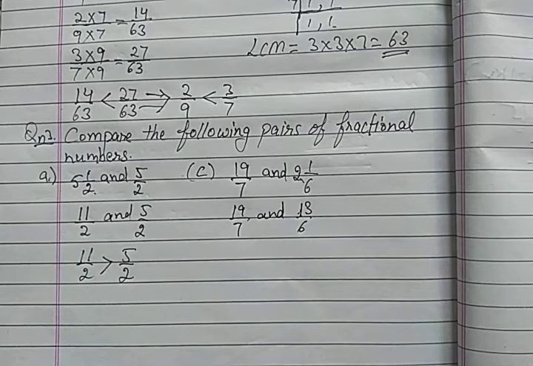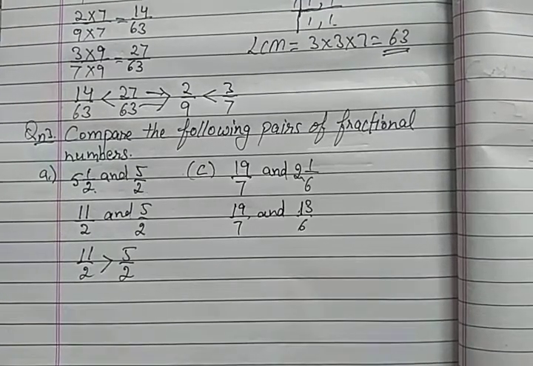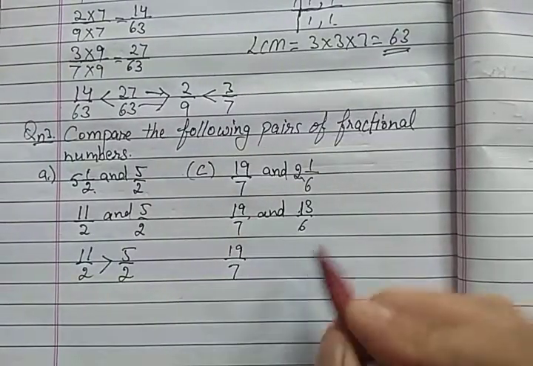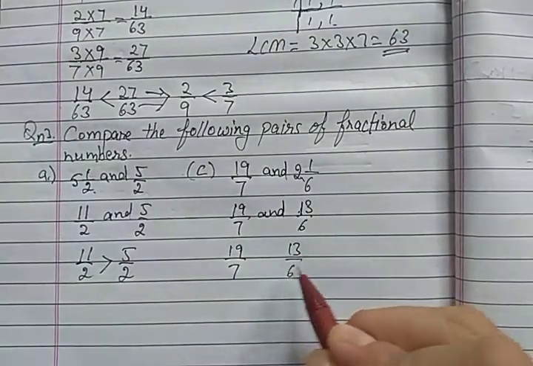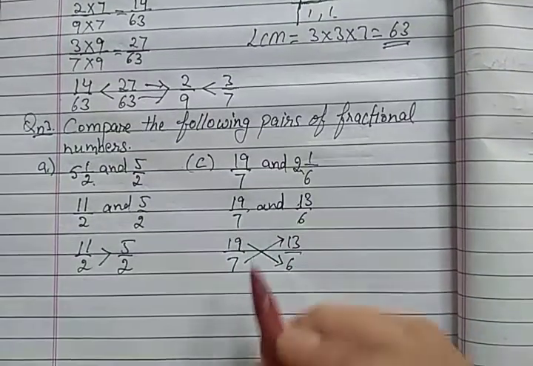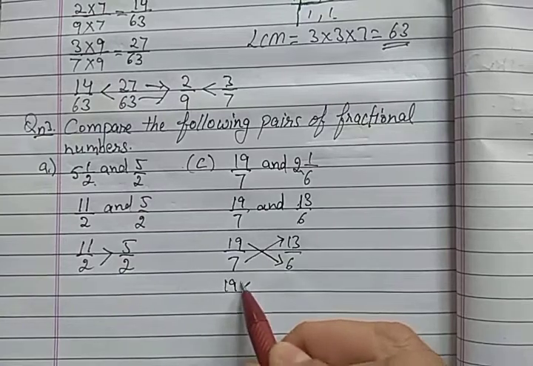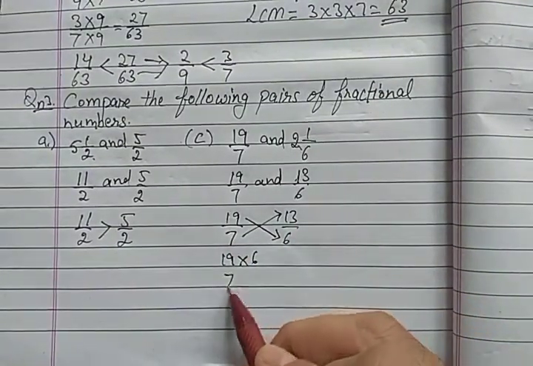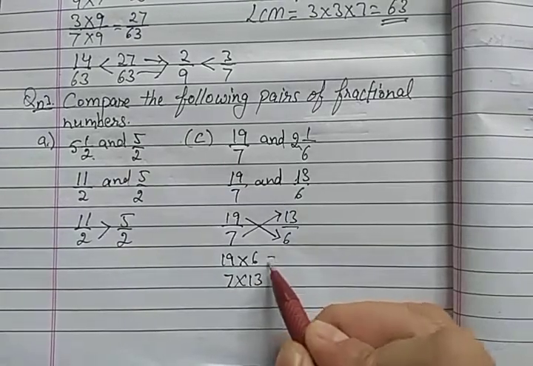So which method you would like to use, that is cross multiplication method or by taking LCM, that is up to you. So here I am using the cross multiplication method. So 19/7 and 13/6. So cross multiply it. So 19 multiplied by 6 and 7 multiplied by 13.